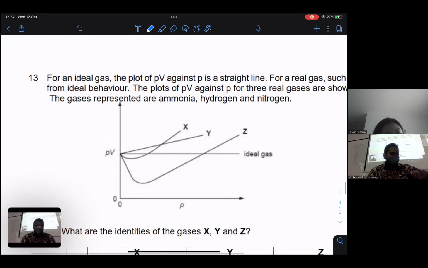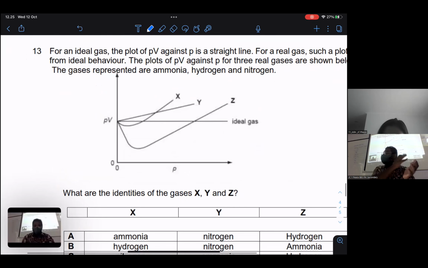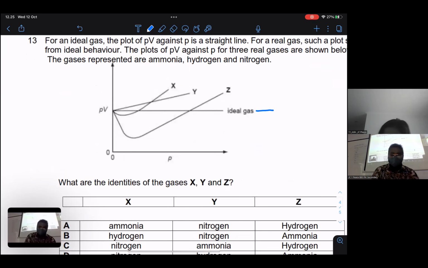Now, question number 30, the last one, for the ideal gas. This one I showed you on the whiteboard the other day. The ideal gas must follow a straight line, and you can see from the graph which one deviates the most. Z deviates most; it will really give you a different value.